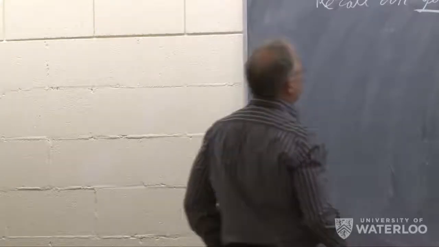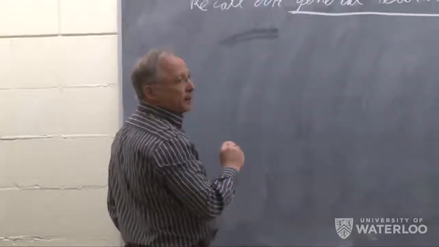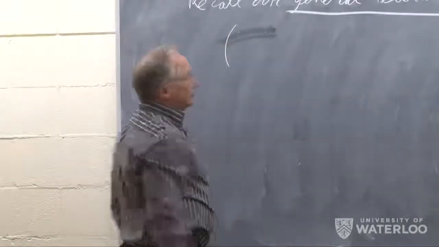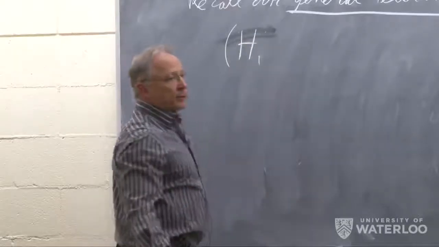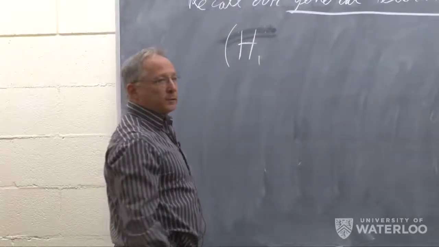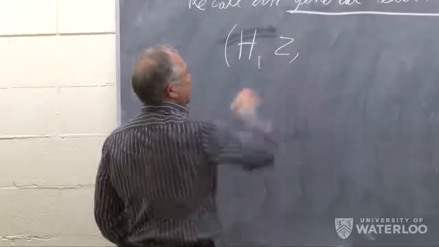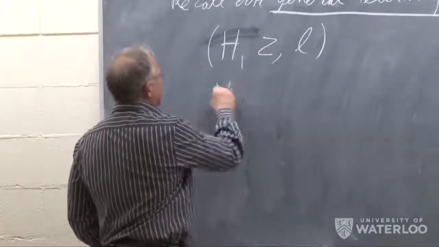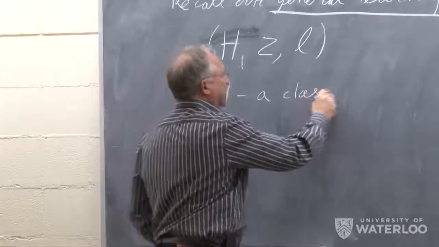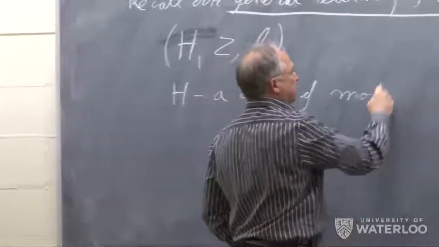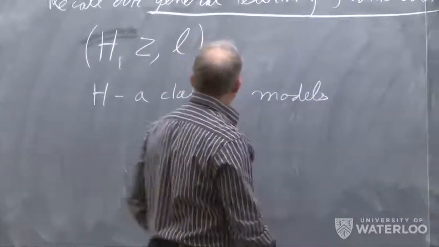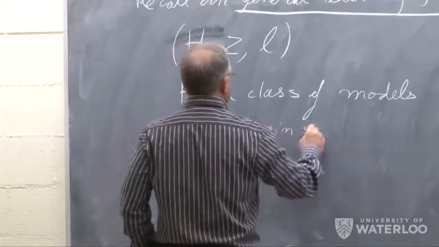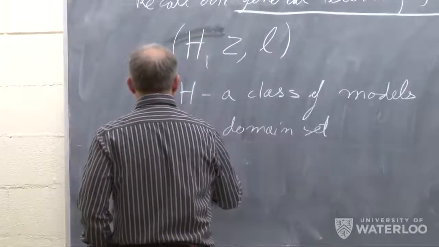So what is our input? A general learning problem is defined by a triple. A general learning problem is a triple that consists of some class of hypotheses or models that you want to use, some domain Z, and some loss function L. So H is a class of models or hypotheses, and Z is our domain set, and L is a loss function.